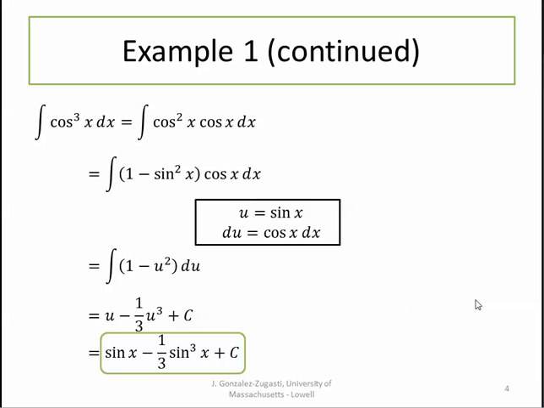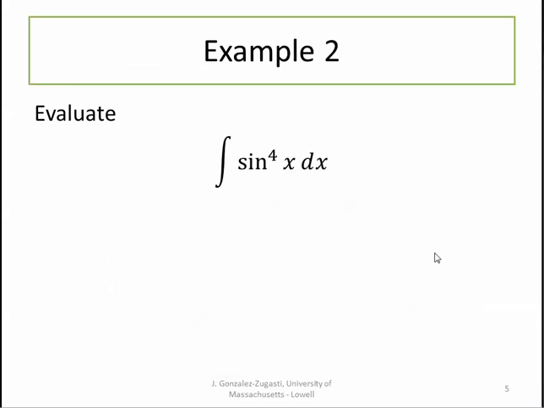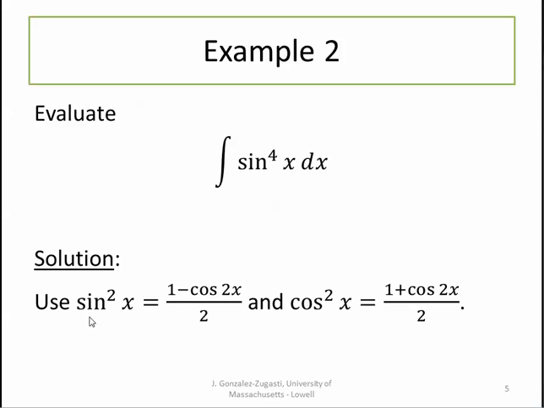In our second example, let's look at a fourth power of a function. Let's do sine. In order to do this one, we're going to use the identity that sine squared of x is equal to 1 minus cosine 2x over 2, and we can use cosine squared of x is equal to 1 plus cosine of 2x over 2.